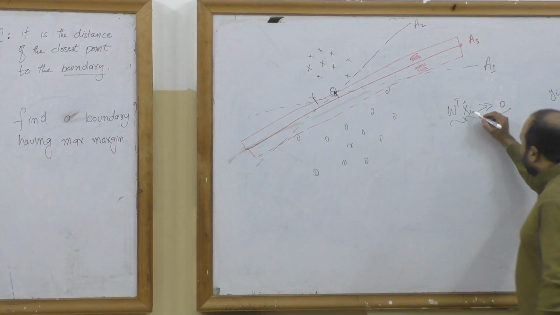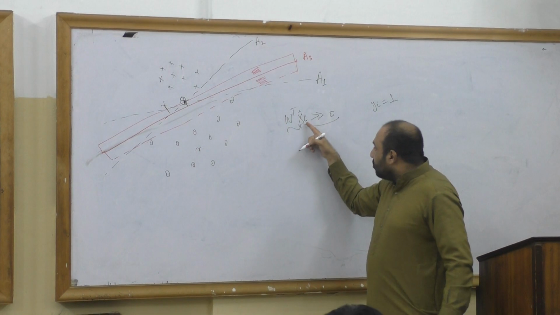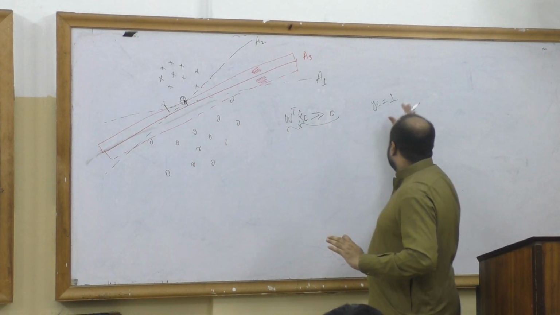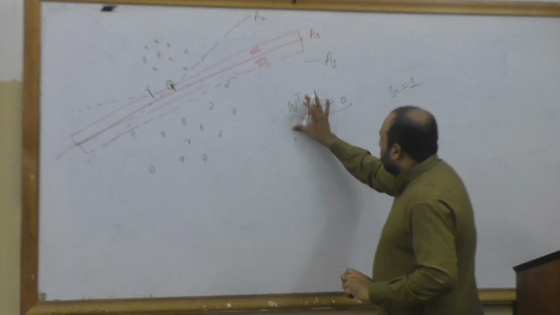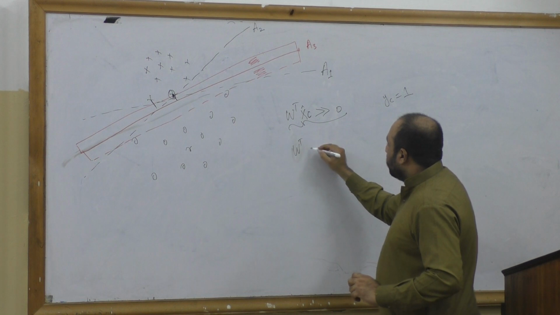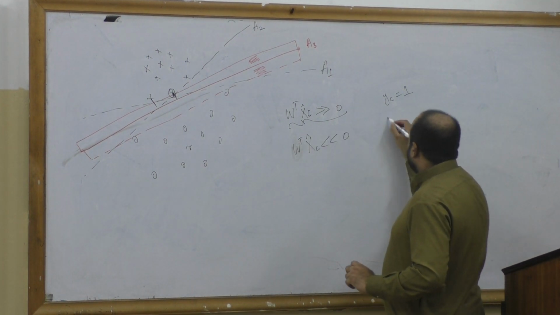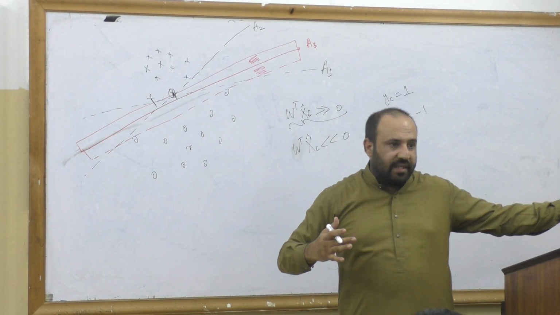लेकिन अब आप ये कर रहे हैं फॉर द पॉइंट व्हिच इज क्लोजेस्ट टू द बाउंड्री। You need the closest point to be very far away, as maximum as possible. Yes? So if the closest point has this label, then it should be very far away on the other side.